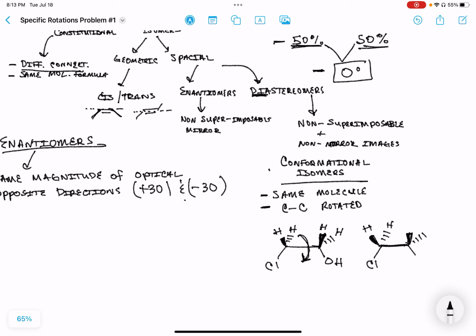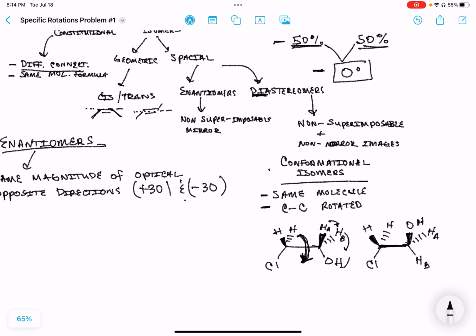The OH went to the back, this H went down, and that H went over there. Let's say this is HA, this is HB, and that's the OH. HA went there, HB is now in plane, and the OH circled back around. They're the same exact molecule, but there's a rotation across the carbon-carbon bond.